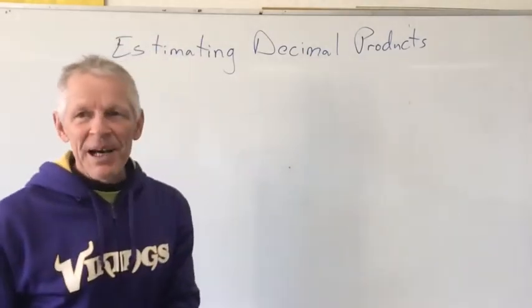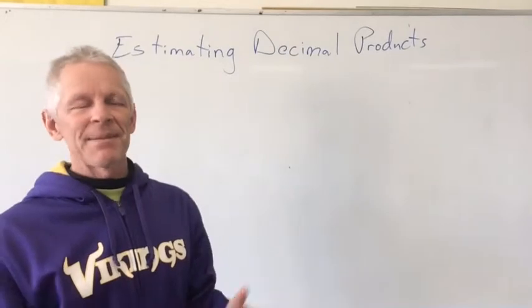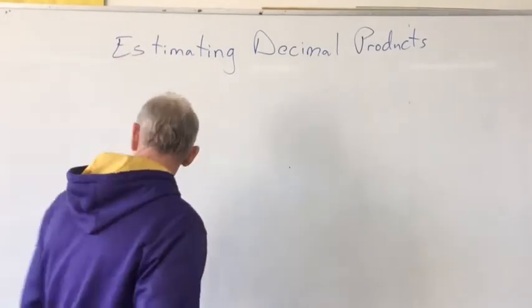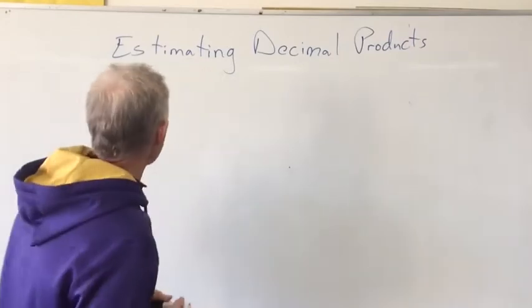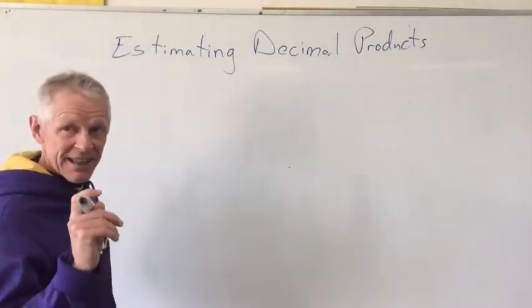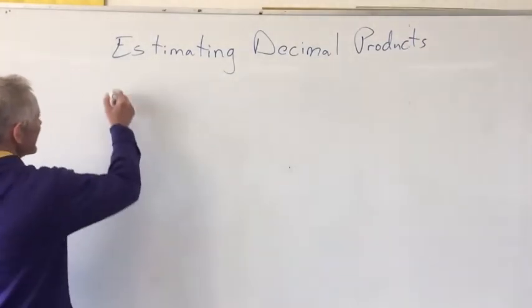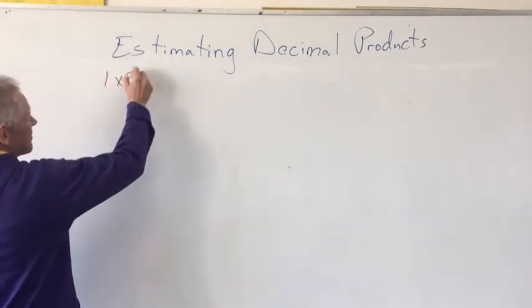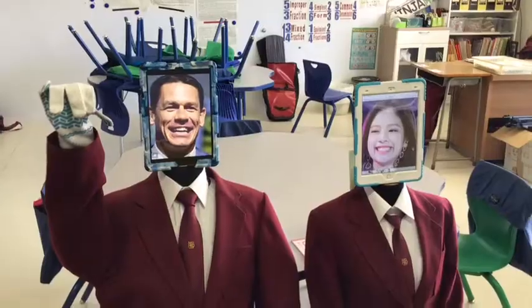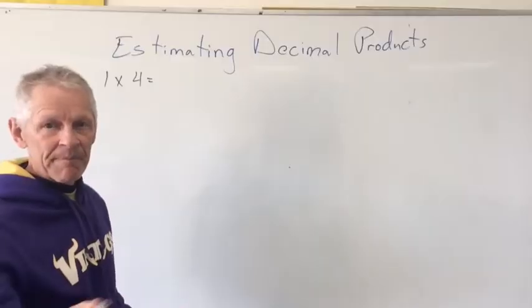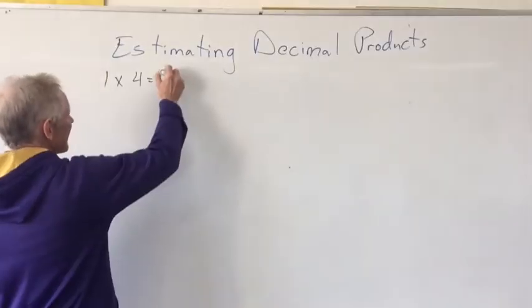Estimating decimal products. Okay, estimating is supposed to be a shortcut, so let's make sure it is a shortcut. First off, I'm just going to tell you this, and this is the biggest part of estimating. If I do 1 times 4, for example, it's going to be 4.